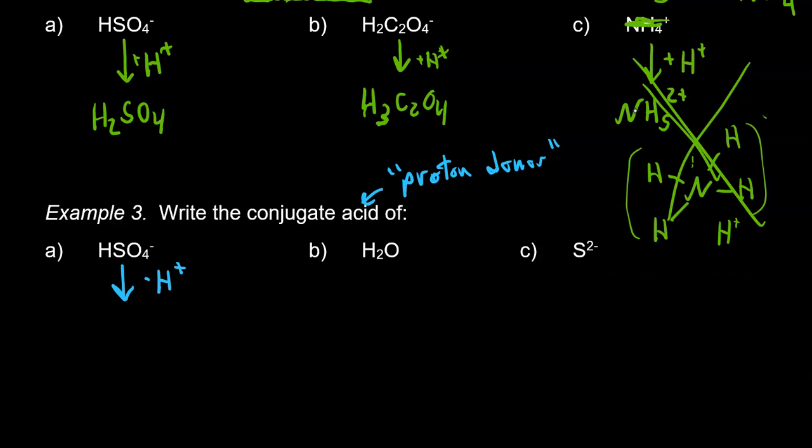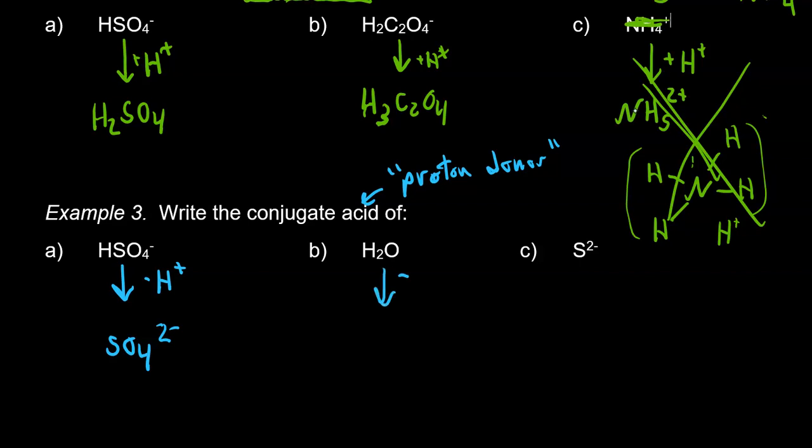So if it loses H, that means this H is gone, so it's just SO4. And it loses a positive charge, so it becomes less positive or more negative. If it's -1, that means it needs to be -2, or 2 minus, because it's becoming less positive.